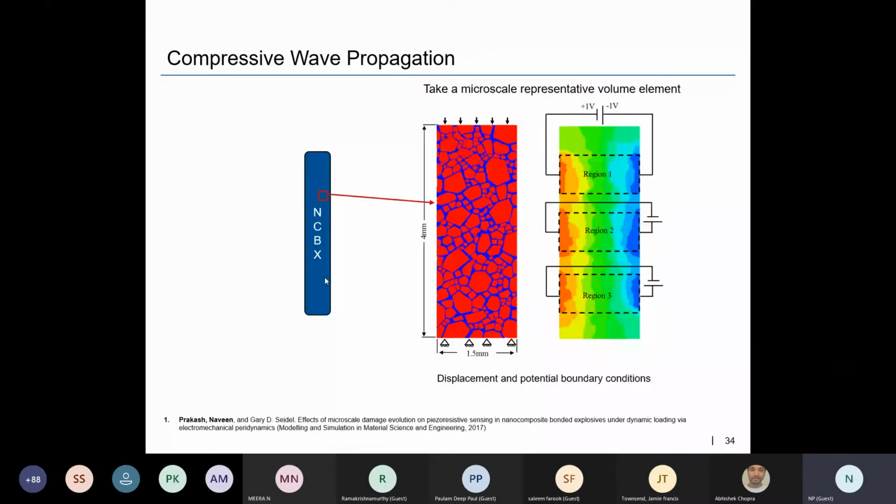And so we are looking at this microscale representation and at how a compressive wave might, under some kind of drop event or dynamic loading event, travel through this material and activate the piezoresistivity.